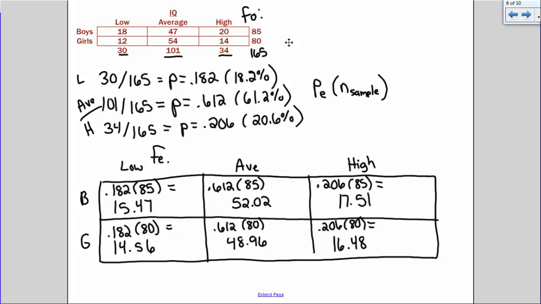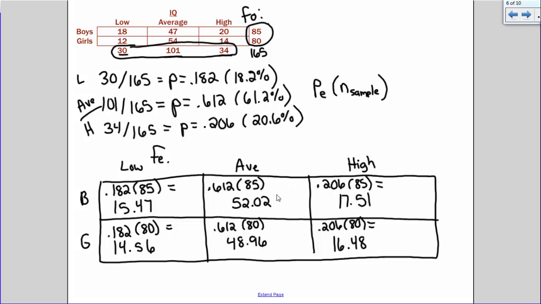It's totally fine. Now to kind of double check your work, you want to add up your frequencies for your columns and your frequencies for your rows to make sure that they still are within rounding error of your observed frequencies. We're basically taking this 85 and redividing it up, right?